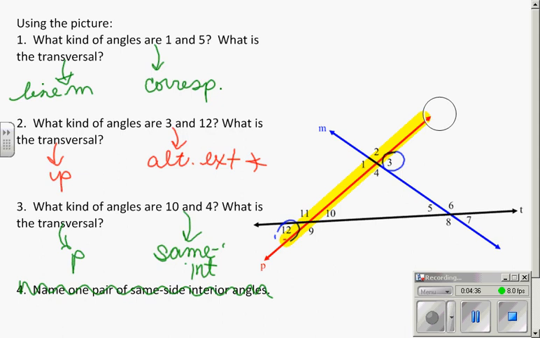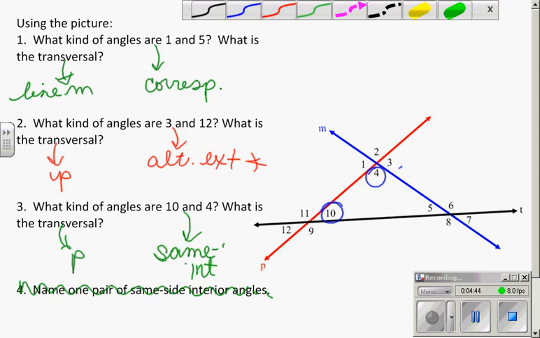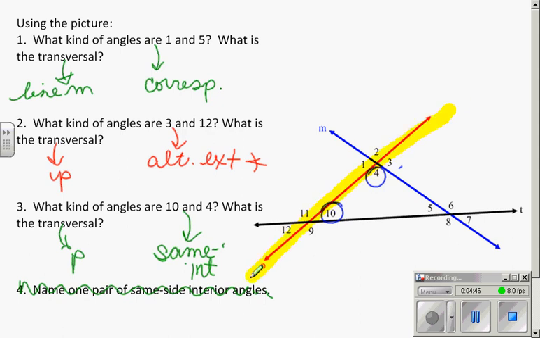When I look at 10 and 4, here's 10 and here's 4, that transversal jumps out at me again. And in relation to the transversal and the intersecting lines, 10 and 4 are same side interior.